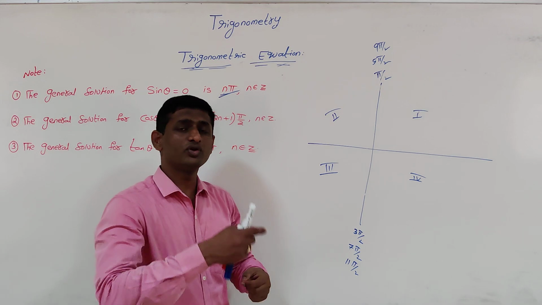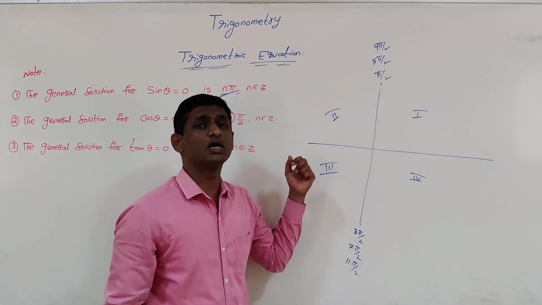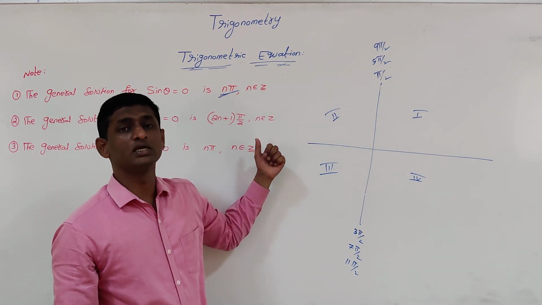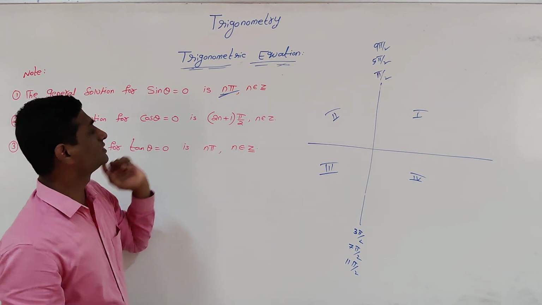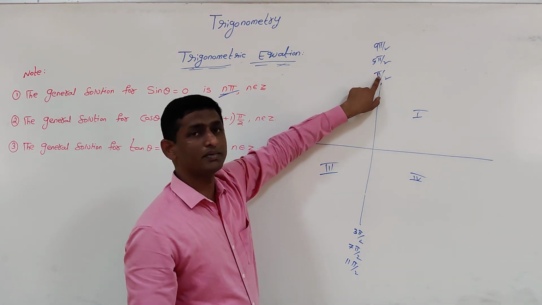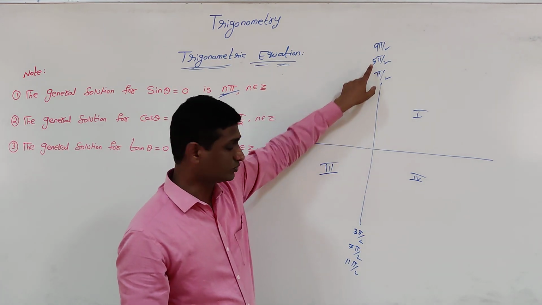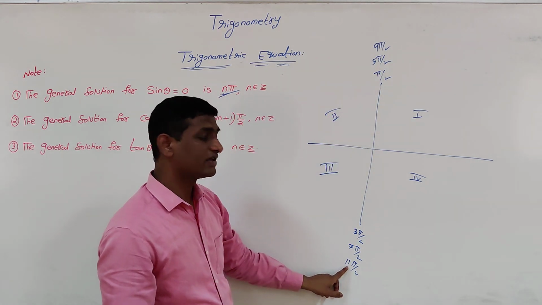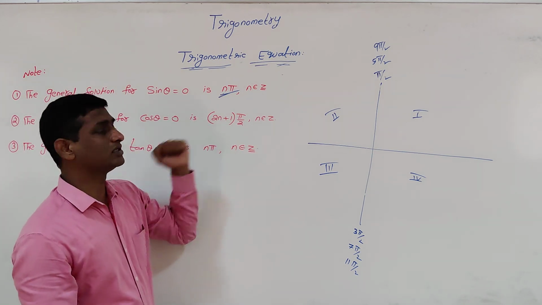If you go on rotating in the anti-clockwise or clockwise direction, the positive odd multiples of pi by 2 satisfy the equation cos theta is 0. If theta is pi by 2, 3 pi by 2, 5 pi by 2, 7 pi by 2, 9 pi by 2, 11 pi by 2, all these angles satisfy the equation cos theta is equal to 0.